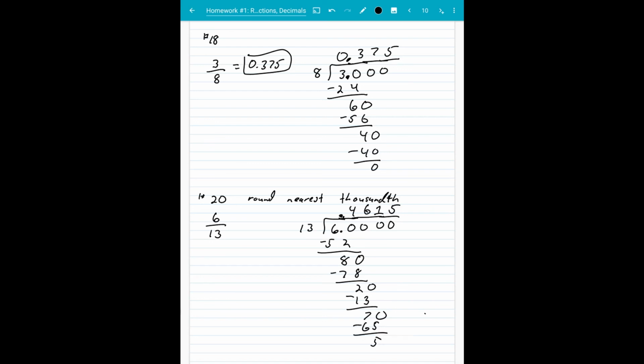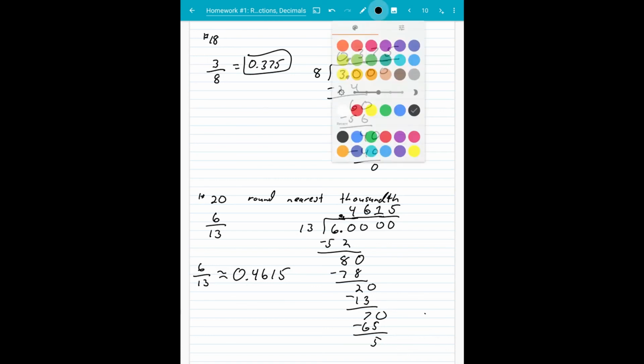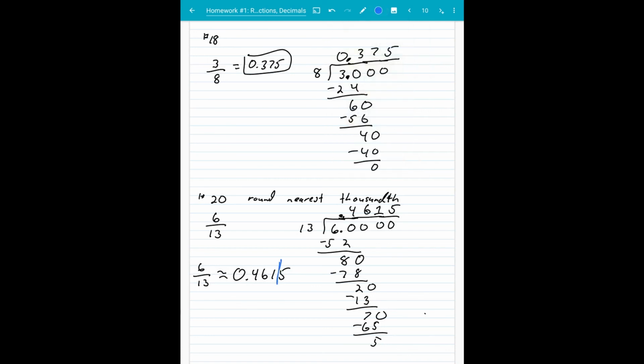This is a 5. So now we see that we went all the way to the 10,000ths place. So 6 over 13 about equals 0.4615. But remember, we have to round it to the nearest thousandths. So we needed that 5 right here on the end because that causes this number to round up.